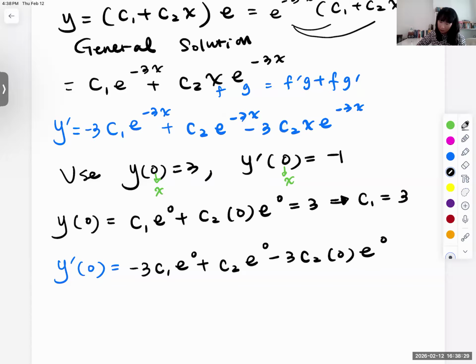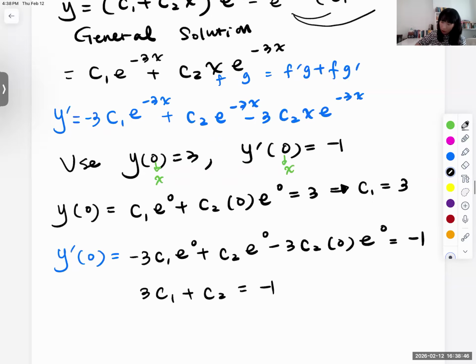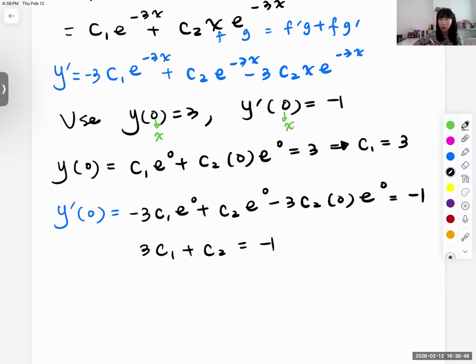Everything is 0 in that case, yeah? Equal to negative 1, right? Okay, now we have negative 3 c sub 1 plus c sub 2 equal to negative 1, but c sub 1 equal to 3, right? So we are using that.